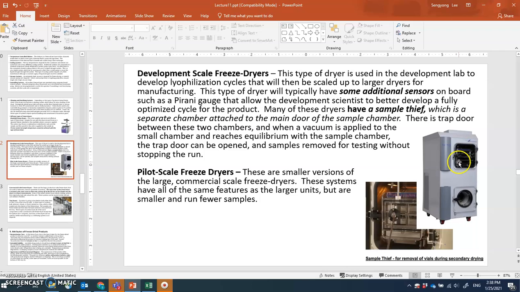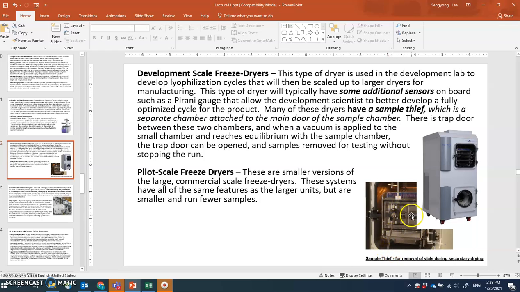But one unique thing that you can find in this developmental scale freeze dryer is something called a sample thief. Okay, so this sample thief will allow you to take a sample out during a freeze drying cycle, without opening up the entire chamber. You can maybe take out one vial at a time if you want to analyze what's happening in your vial.